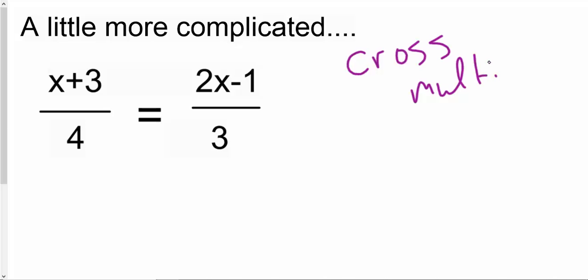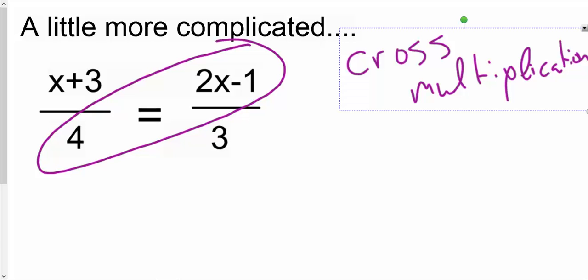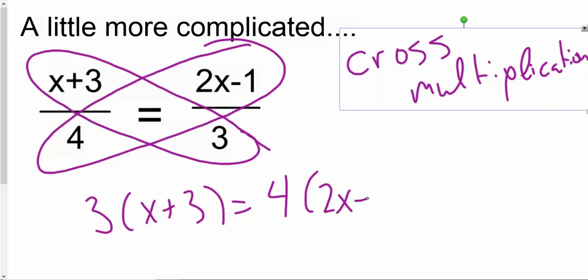What we can essentially do is we can say, well, hey, these both have denominators. And so I'm really going to multiply the 4 by the 2x minus 1 and the 3 times the x plus 3. So we can just do that all in one fell swoop. This gives me 3 times x plus 3 equals 4 times 2x minus 1.